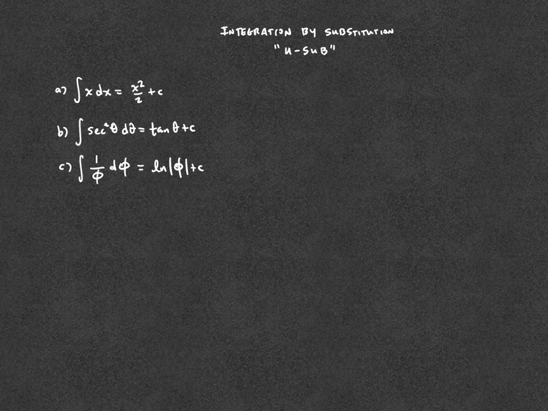There are some basic techniques there, but what would we do if we got an example like this: the integral of sine of x times cosine of x dx? Well, that's interesting, right? That's a product of two functions, and we haven't yet had to find the antiderivative of a product of two functions.